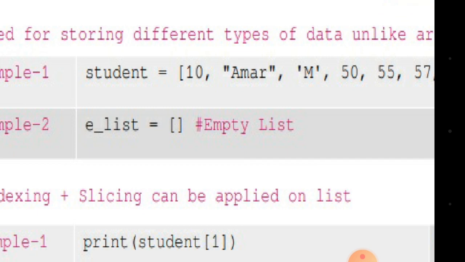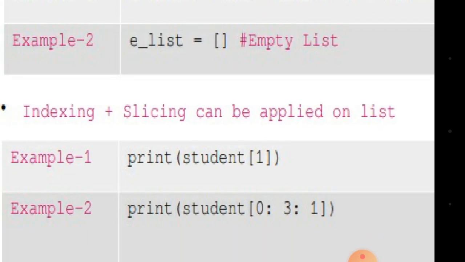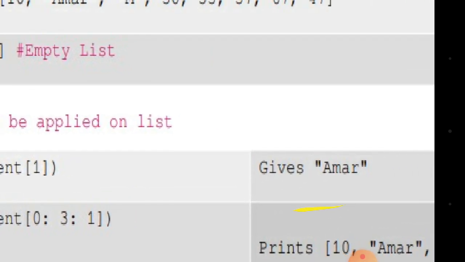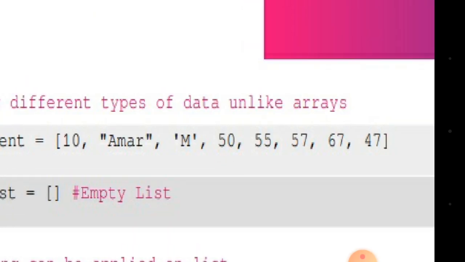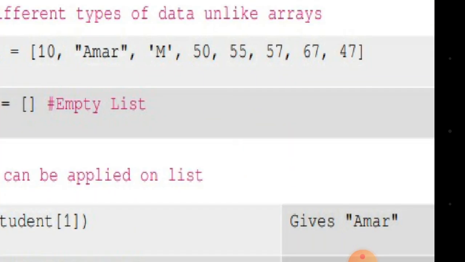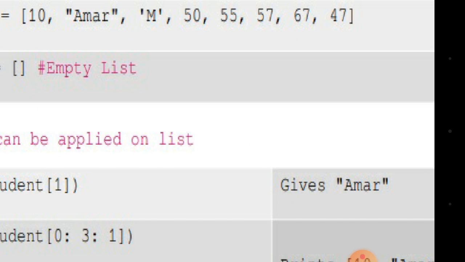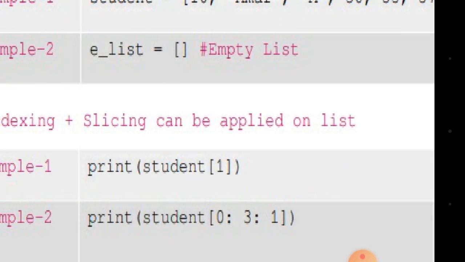So 10 is present at the 0th index. Amar, that is the string, is present at the 1st index. So these are the indexing. Suppose we want to print student[1], it will give the result Amar, because the indexing starts from 0 and 1. So the 1st index answer will be Amar. So this represents the indexing value.